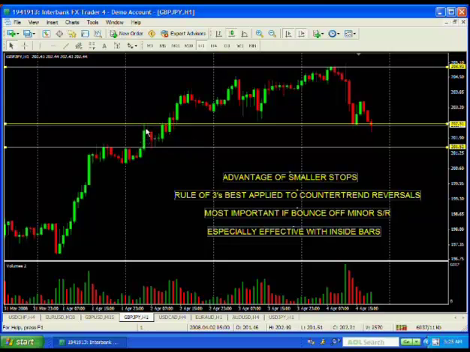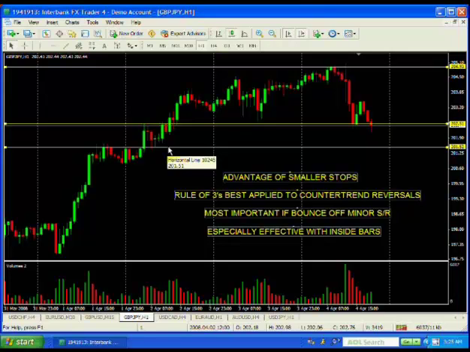Now let's look at 1, 2, 3 bars. By the third bar, we have not broken minor support. Just so we're clear about minor and major support and resistance, this is minor swing support, as opposed to dynamic support and resistance.